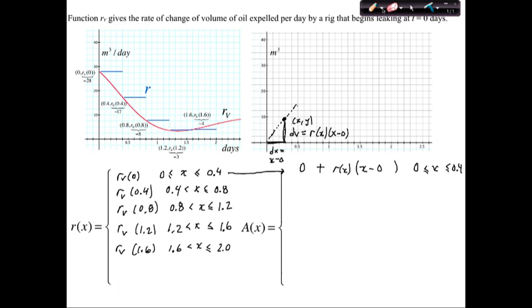So then we get that's the first interval, right? Okay, so now we're going to go on to the next interval. Can you do it? So I want you to write from 0.4 less than x, less than or equal to 0.8.